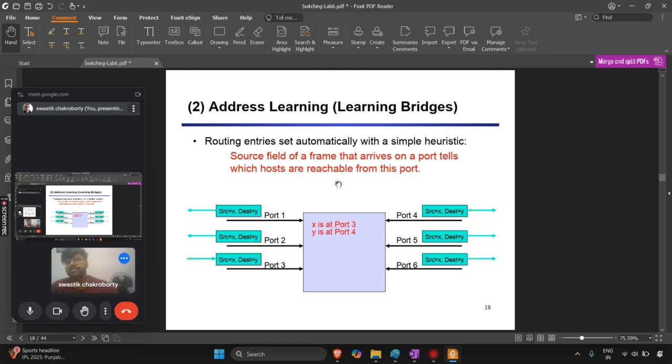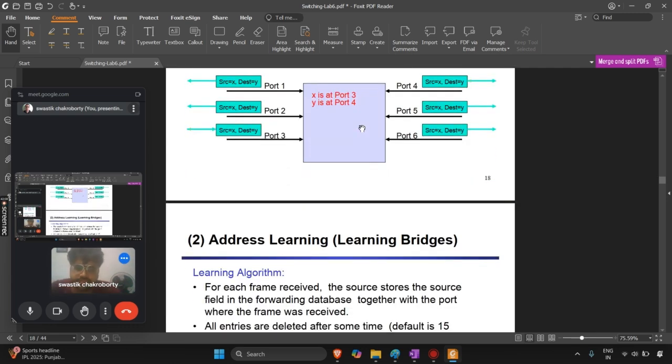It is updated using a simple heuristic: when frames come to the bridge, it keeps a note of where the frames are coming from. If frames can come from that place, that particular device is addressable by the bridge. So it keeps tabs by noting the source address of the packets.